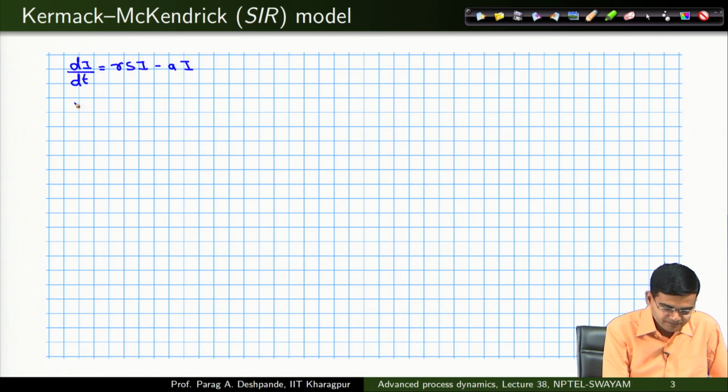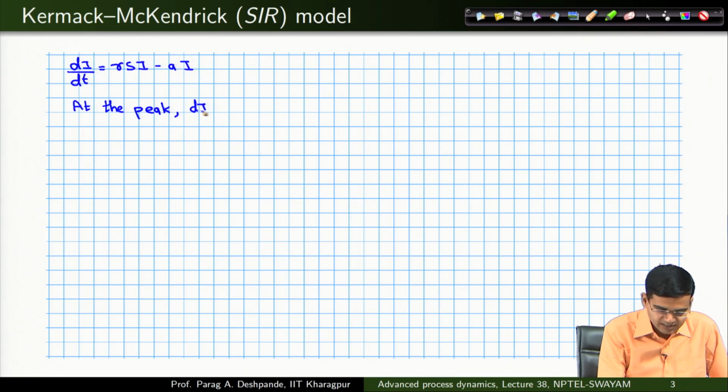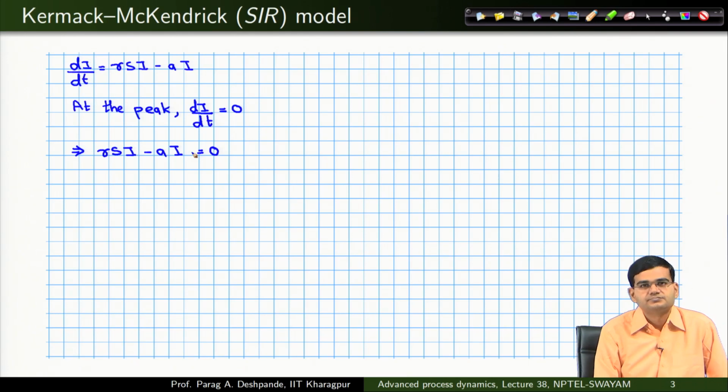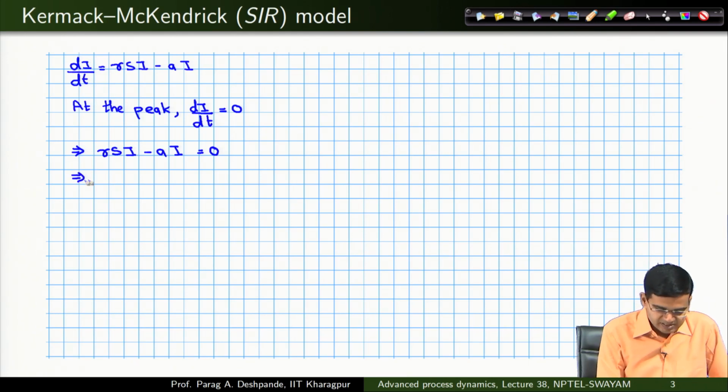Therefore, at the peak dI/dt is equal to 0, from where I can write r S I minus a I is equal to 0, which means (r S minus a) multiplied by I should be equal to 0.